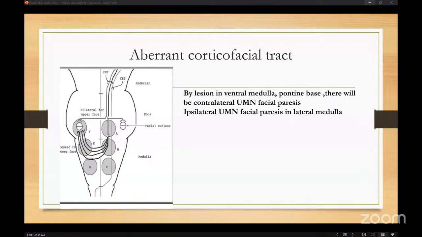So if there is a lesion in this part of the medulla, you can get contralateral UMN facial palsy. And if there is a lesion at this part of the medulla, then you will get ipsilateral UMN facial paralysis. Usually facial involvement doesn't happen in the medulla, but in this aberrant corticofacial tract, you can get facial involvement.